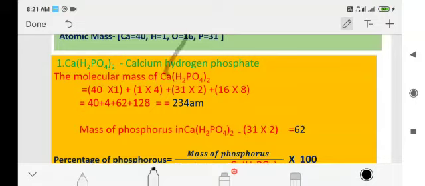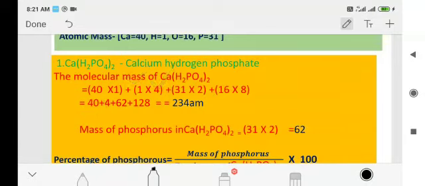You will find 1 calcium here. 1 calcium multiplied with calcium's mass, that is 40. Then you will find 2 atoms of hydrogen here, and outside the bracket also you will find 2. So these 2s will be multiplied with each other, and 2 twos are 4. That is how here 4 atoms of hydrogen multiplied with 1, you will get 4 here.